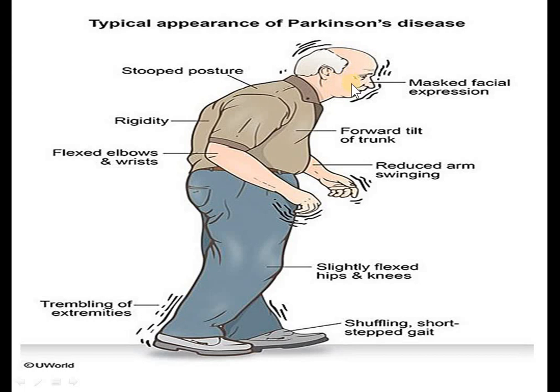So facial expression will be stopped. That means the facial expression is nothing but masked facial expression. It stops because of the dopaminergic neurons, the muscle control is not there.